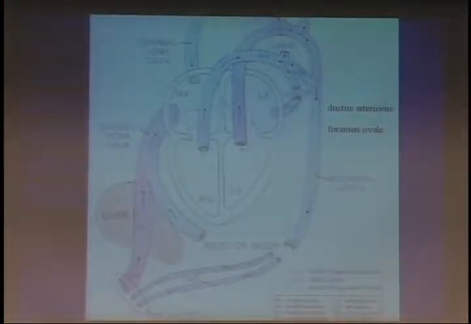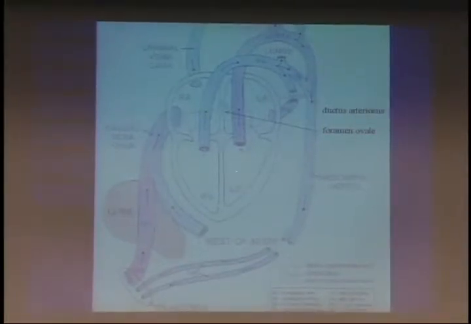Let's look at the first case. Some of that blood flowing back to the right side of the heart passes through the foramen ovale into the left atrium and then into the left ventricle and gets pumped out into the systemic circulation. So it has effectively bypassed the lungs.